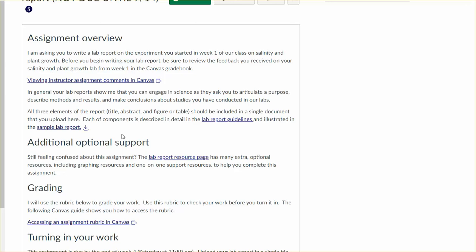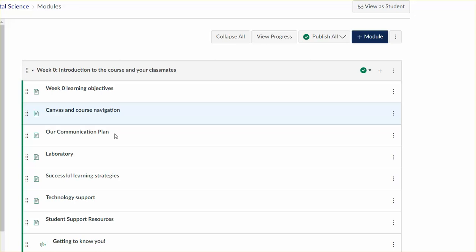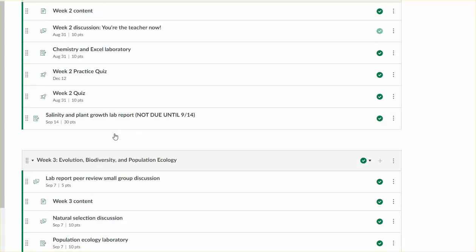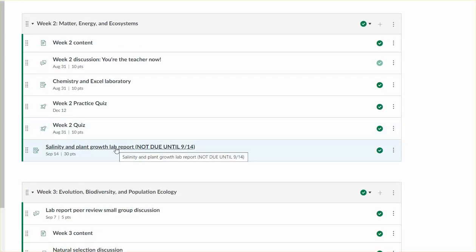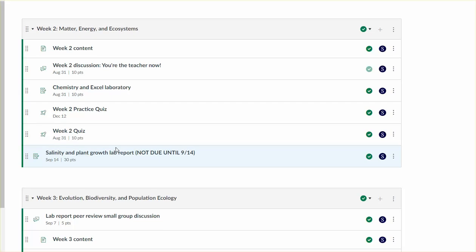Basically what I'm looking for is a title and an abstract and a graph. So this week you're going to create the graphs that you need. That's a pretty big portion of the assignment. But I also just wanted to show this to you so that you're planning ahead and getting that assignment ready, although it's not going to be due until September 14th. So you have plenty of time. I just want to give you a heads up about what I'm looking for there.